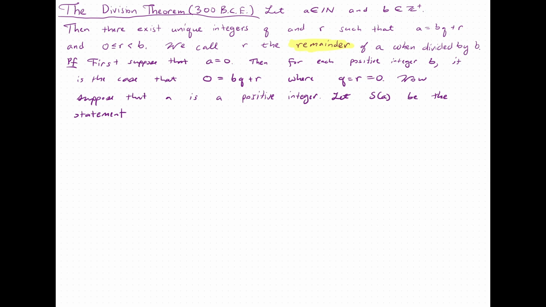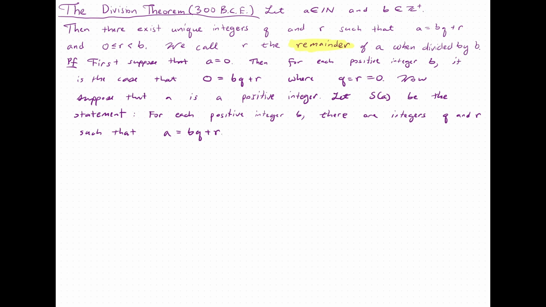and so now we go ahead, we write the phrase up here. So for each positive integer b, there are integers, and so we're doing with induction the existence portion, and so there are integers q and r, such that a is equal to b times q plus r.